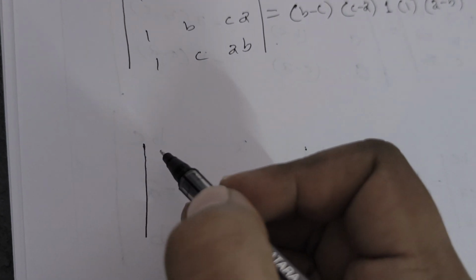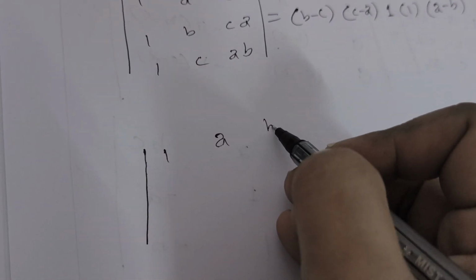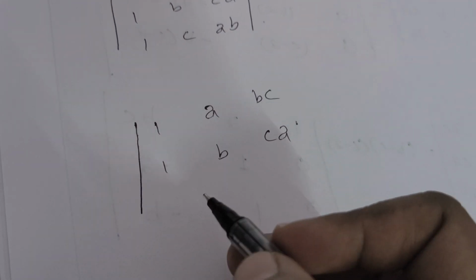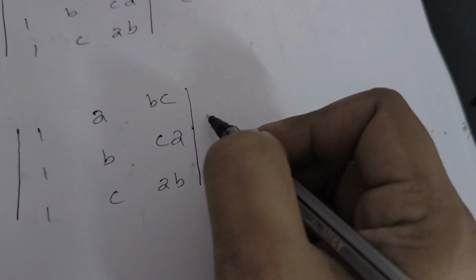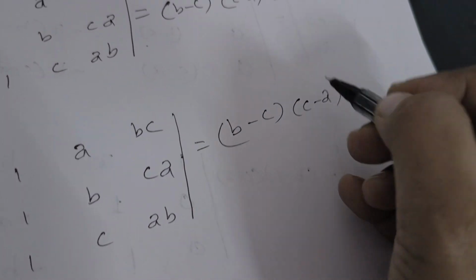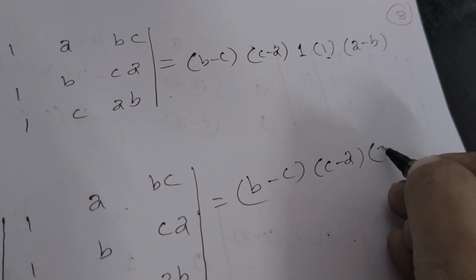So the determinant is equal to b minus c, c minus a, into 1 into 1 into a minus b, which is a minus b.